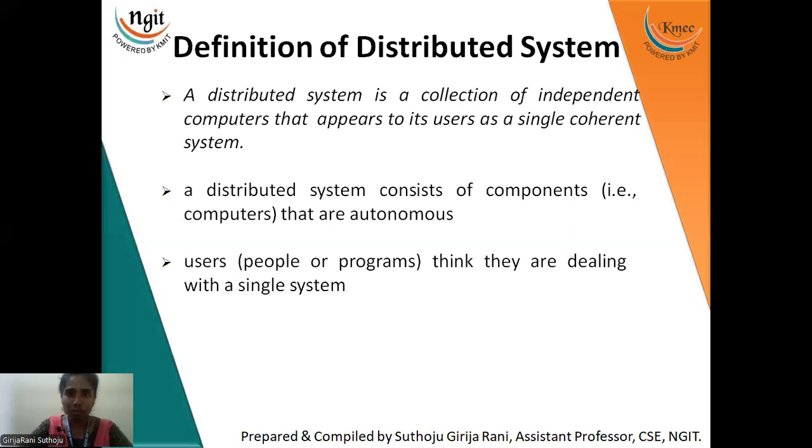So a distributed system is a collection of n number of computers which are computing, but in terms of the user, it will be like a single coherent system.